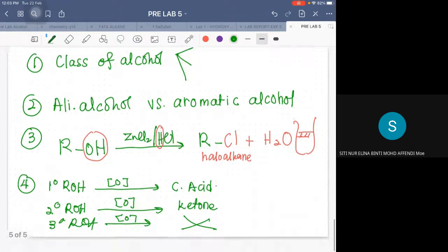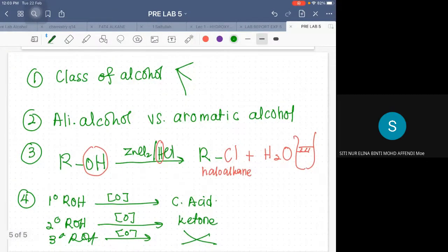Kenapa tertiary alcohol tak boleh oxidize? Okay, R tu adalah alkyl lah, carbon chain, OH. Remember that proses untuk kita buat undergo oxidation adalah removing hydrogen macam tadi kan. Remove hydrogen. If we remove this hydrogen, oksigen tak cukup bond.